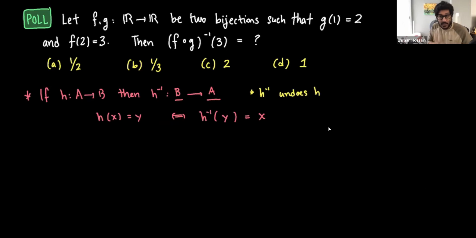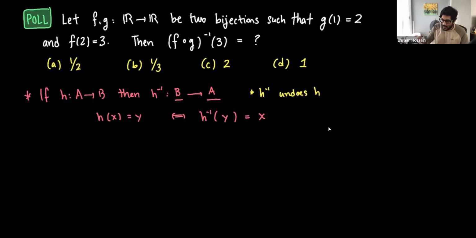It's going to delete B and then A. It does them in the opposite order, right? Like if I put on my socks and then put on my shoes, how do I undo that? I don't take off my socks first. I take off my shoes first. I undo the last thing first.